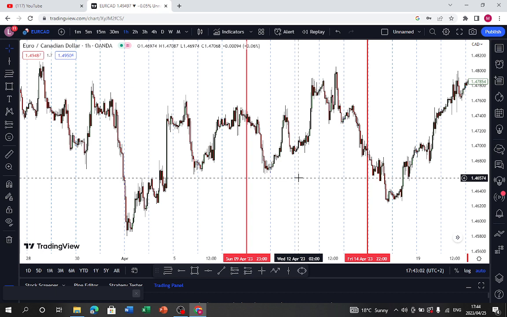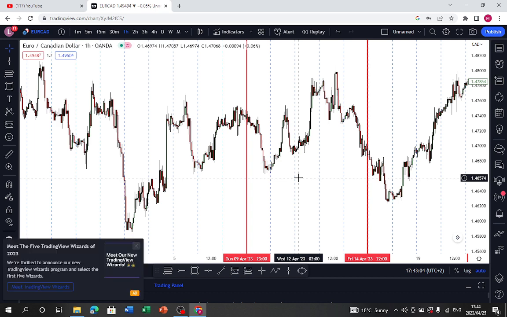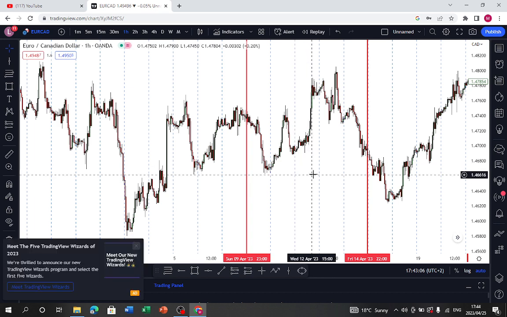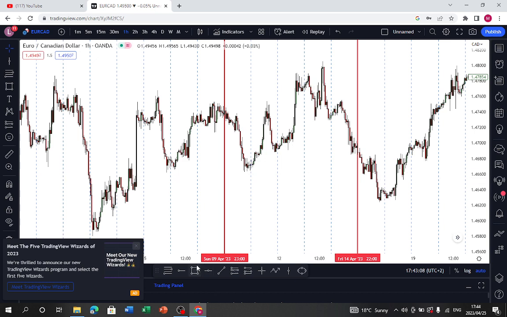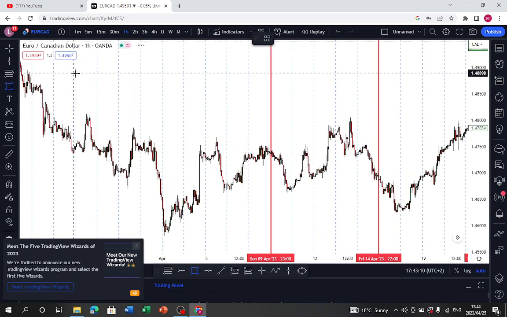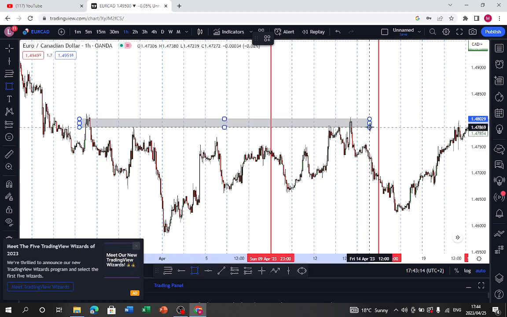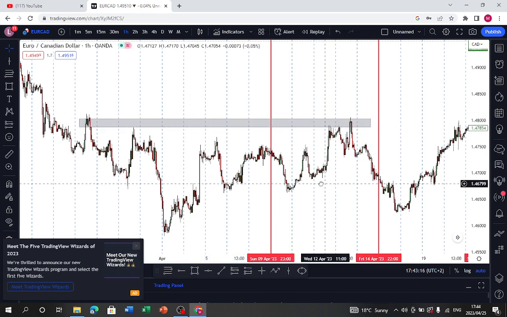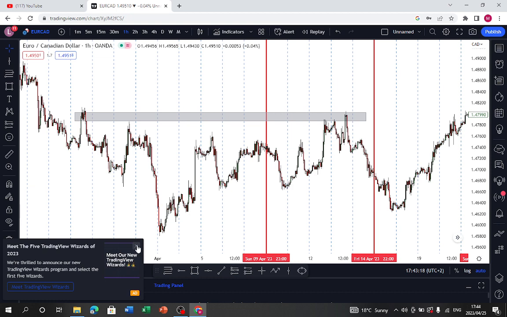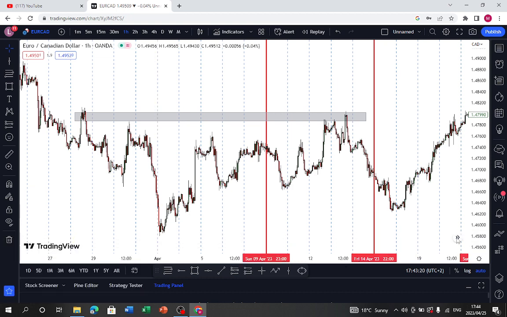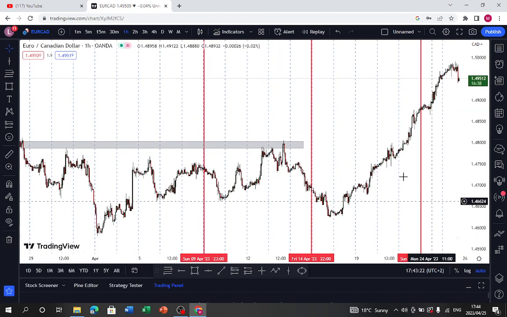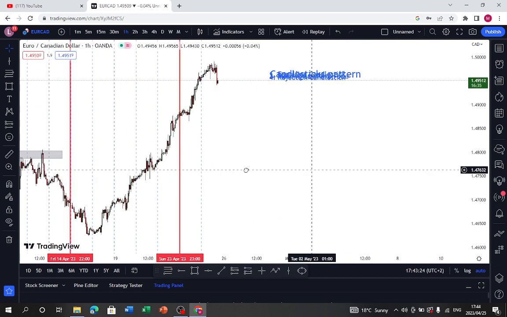I'm gonna make an example about selling, then make an example about buying. At a resistance, remember we have support and resistance, supply and demand zones, whatever you wanna call them. You just call them points of interest or areas of interest. It's one and the same thing.